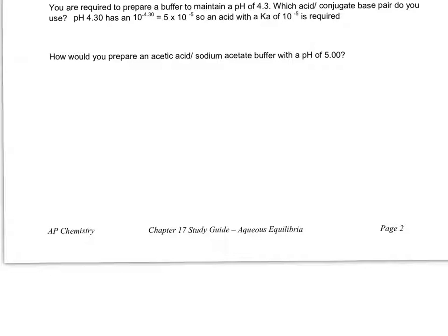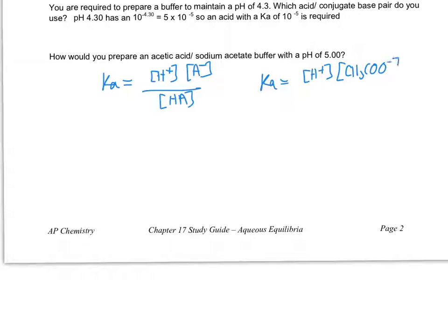And I know that my Ka expression is going to be the concentration of the H plus times A minus over HA. Or, if I'm using acetic acid and sodium acetate, let me rewrite that. I want it to say H plus times the A minus, in this case the acetate ion. The HA would be your actual acid, acetic acid.